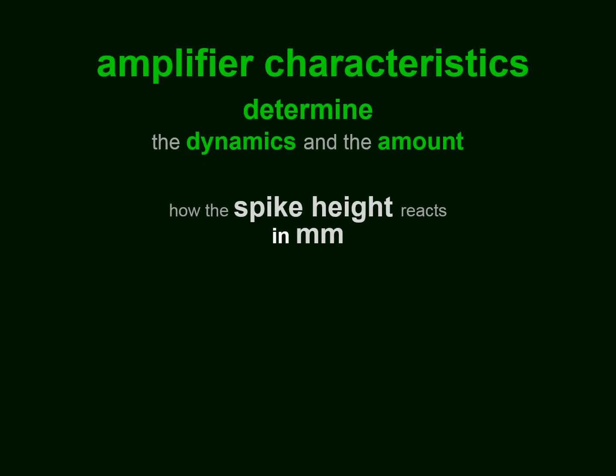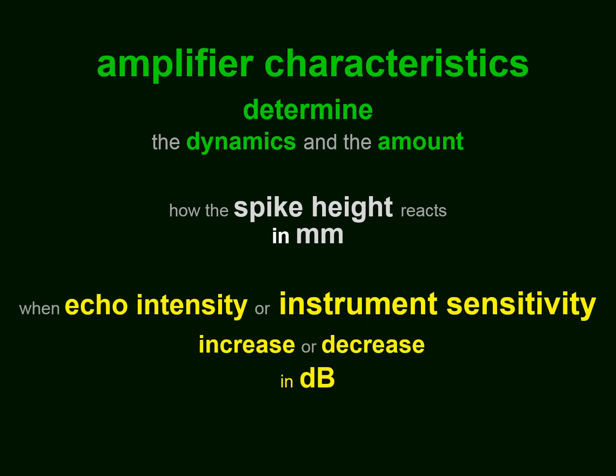The amplifier characteristics determine the way and amount how the spike height reacts in millimeter to an increase or decrease of the echo intensity or the instrument gain in decibel.